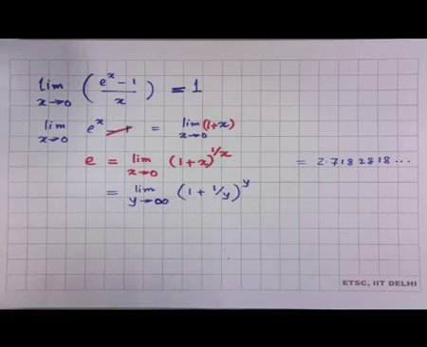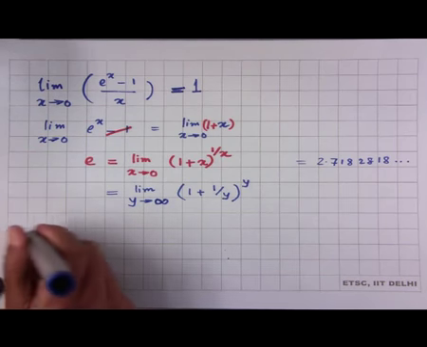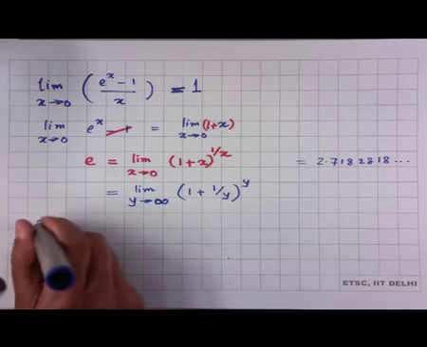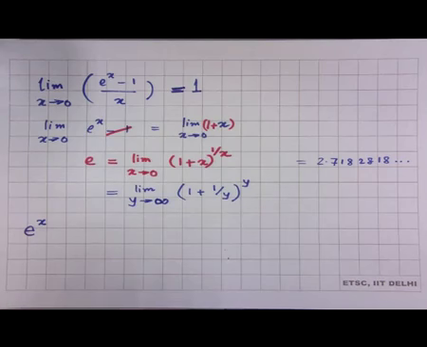I could also have written it in this format: limit y tends to infinity, where y is a very large number, of 1 plus 1 by y whole power y. So, I have replaced x with 1 by y in this formulation. Okay. Suppose you want to compute e to the power x.